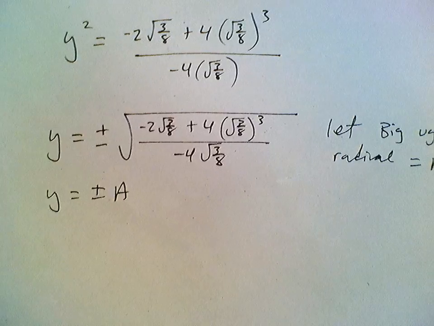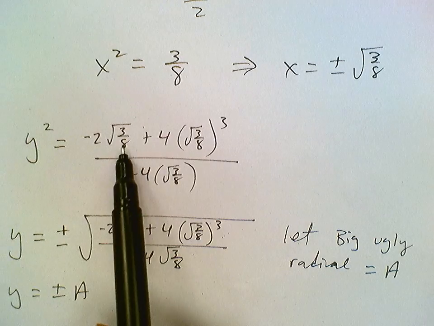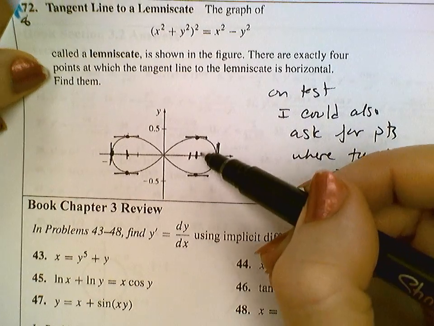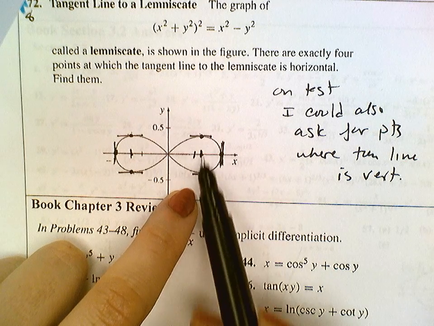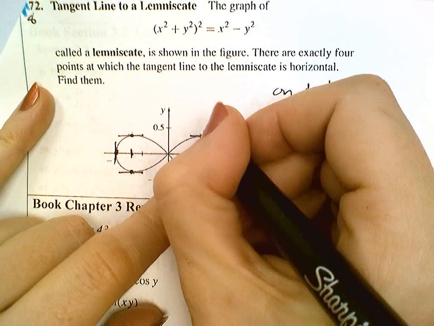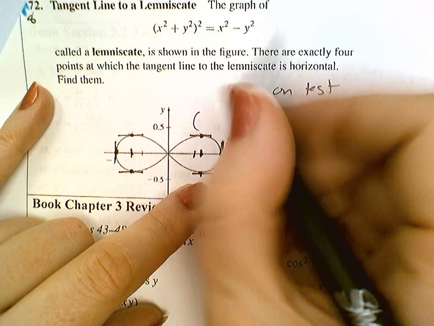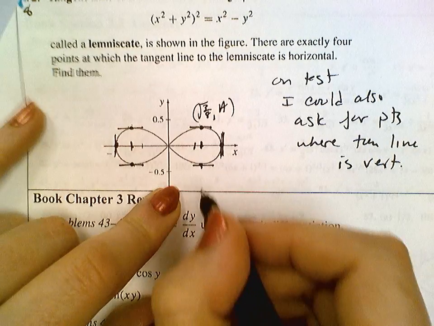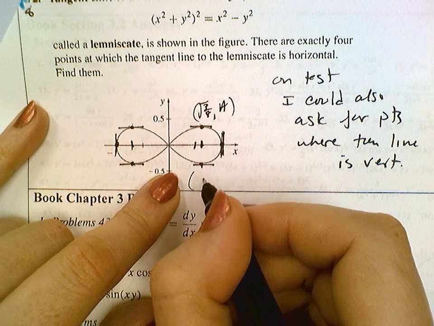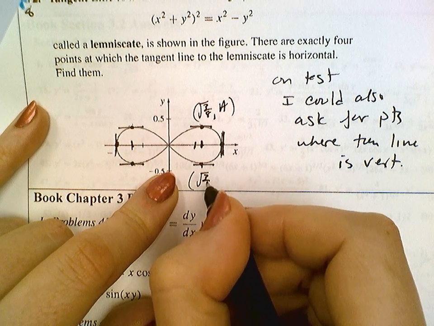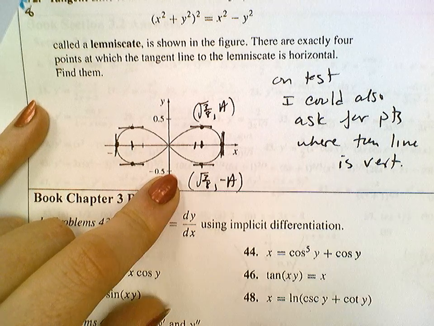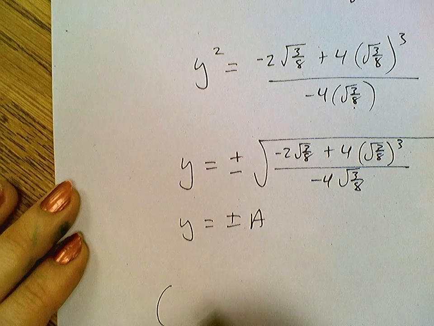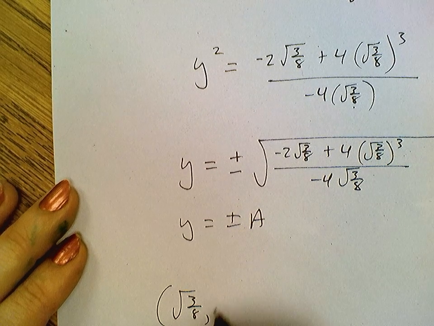So the two points that correspond to the x value radical 3/8, which is right here, these two y-coordinates: this one is radical 3/8 comma positive A, and this one down here is radical 3/8 comma negative A. All right, so those would be two of the points.